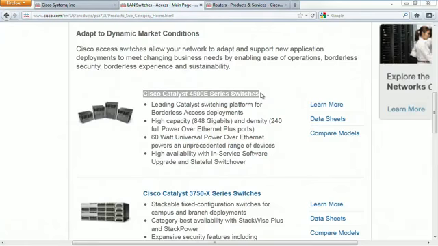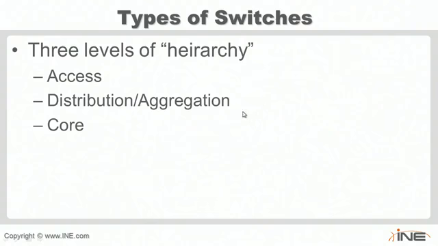But the key is that from a high-level point of view, when we look at the network, a lot of times you'll see it fits into this hierarchy where your access switches are where your endpoints are plugging in. Eventually, these are going to plug into the distribution switches, and then eventually into the core.